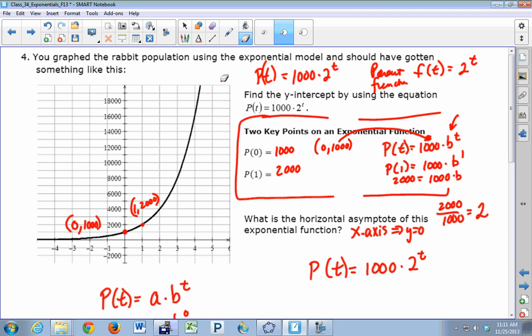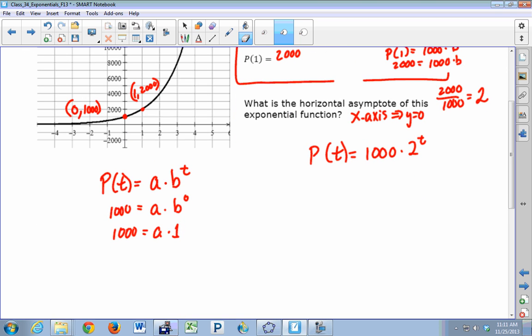It also grows without bound, approaches positive infinity. And as t, as a mathematical statement, not with the rabbits, but as t or x goes towards negative infinity, the values of this function get closer and closer and closer to 0. Can I ever have 0? Can I solve this equation and get 0 out here? Is it possible?